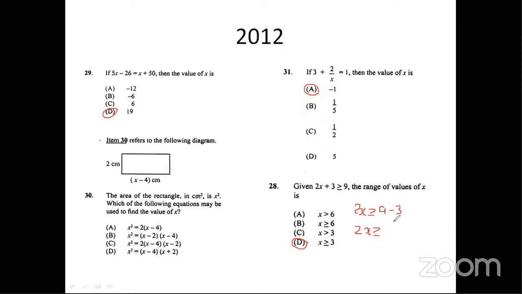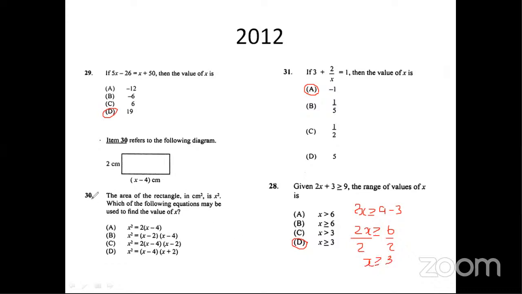So our 3 goes over, the sign is changed to its opposite. So 9 minus 3 would have given us the 6. And we need to finish off by moving that 2. Divide both sides by 2. So our answer is x greater than or equal to 3.